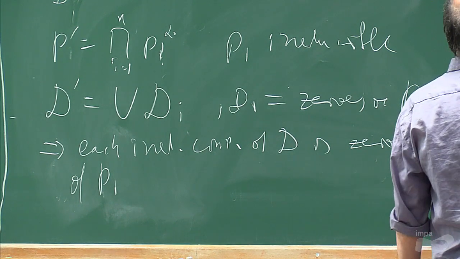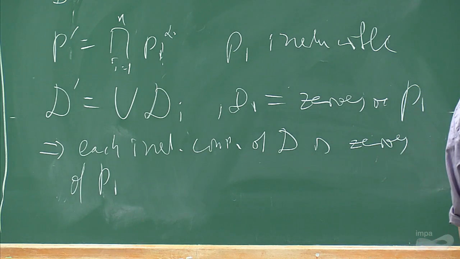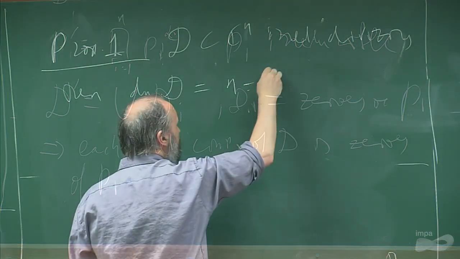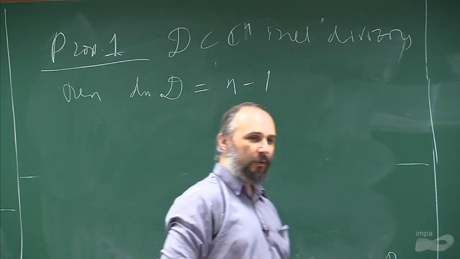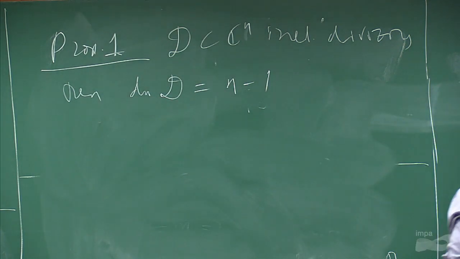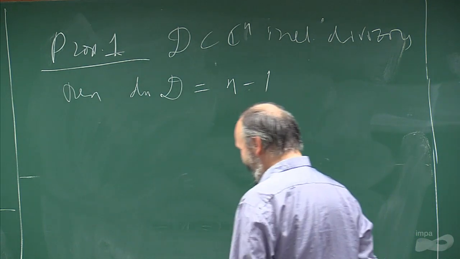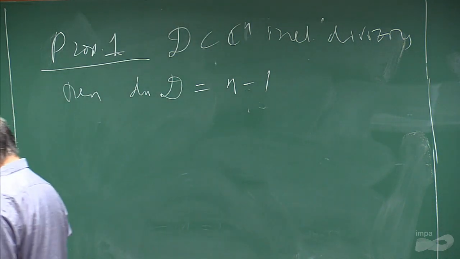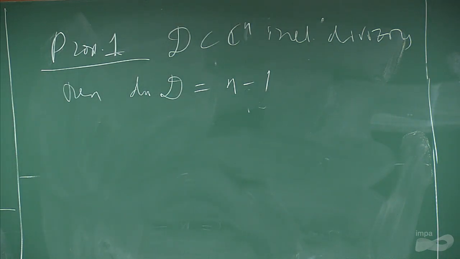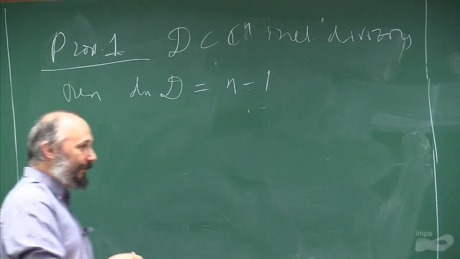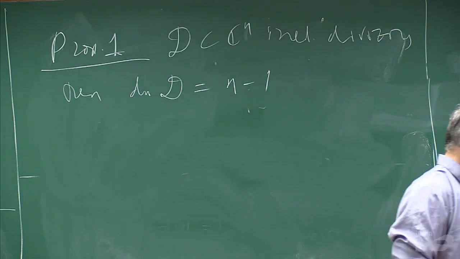Then the dimension of D is n minus 1. Intuitively, this is completely obvious, but our intuition is based on pictures, and we really have to prove it. Even the existence of smooth points is not entirely obvious. So this is also not obvious.